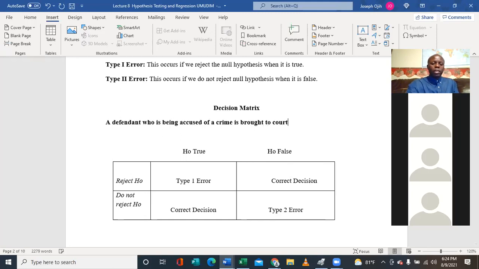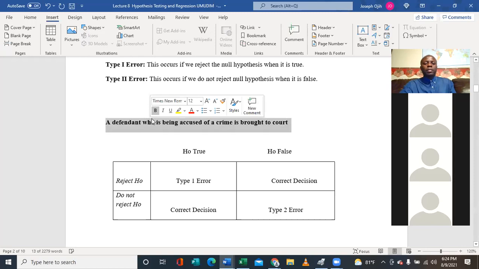So this will help us to understand what type 1 and type 2 errors are.